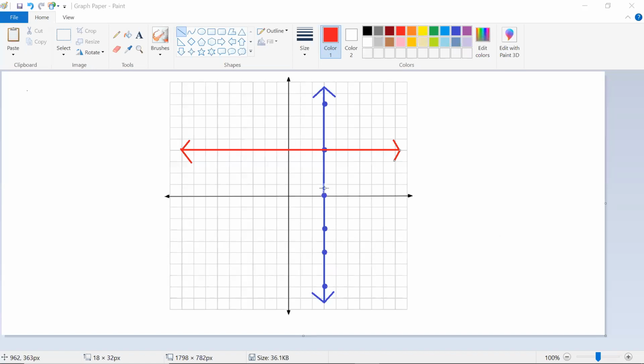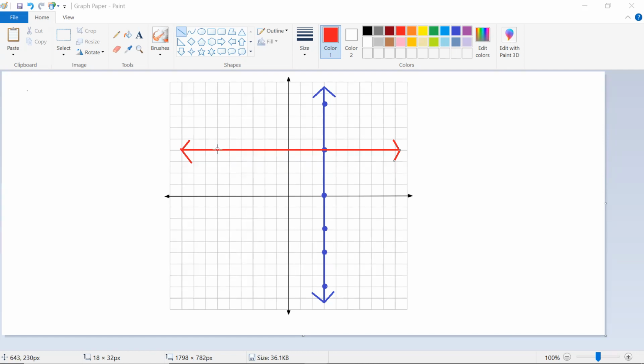The line here in blue is the line x equals 3. The line in red is the line y equals 4. Let's focus first on the horizontal line, y equals 4.